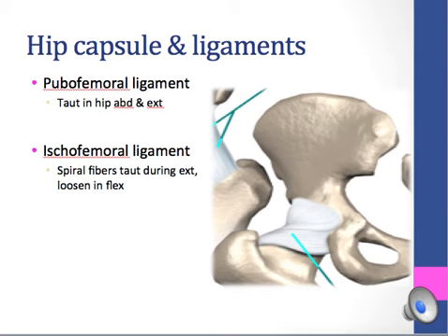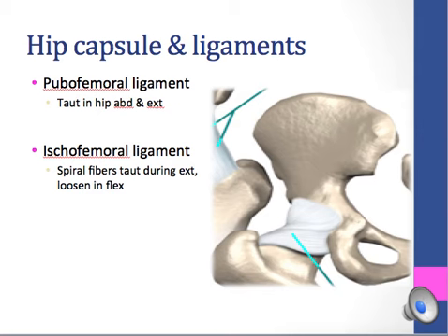Our pubofemoral ligament: I really want you guys to know the origin, the anterior pubic ramus. The insertion is the anterior intertrochanteric fossa. Understand that it's taut in hip abduction and extension, and that's what it's there to check.